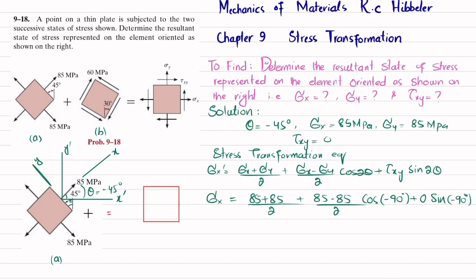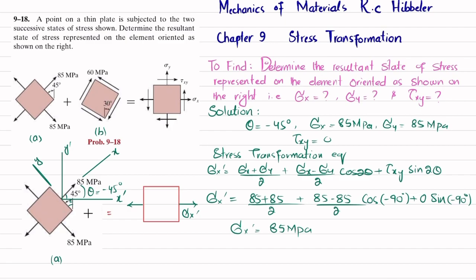That will give you sigma x dash. So sigma x dash, when you calculate, will be 85 megapascal. So it means that in this x dash direction, your sigma x dash will be 85.